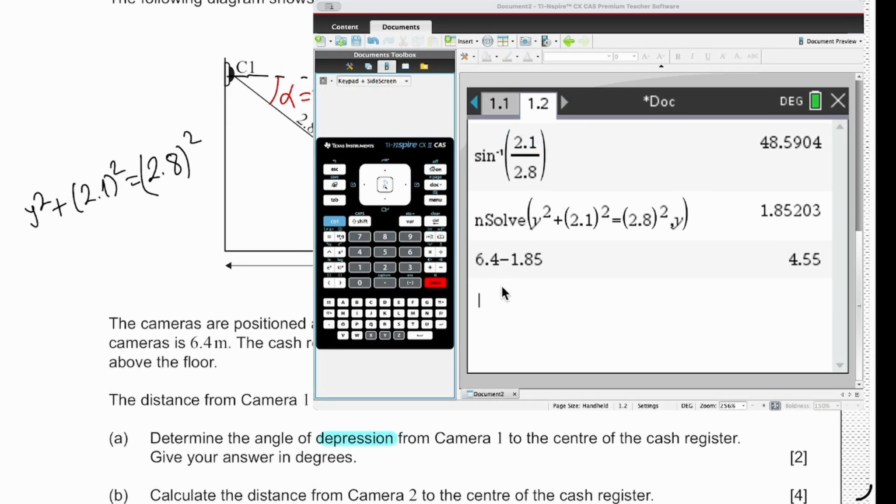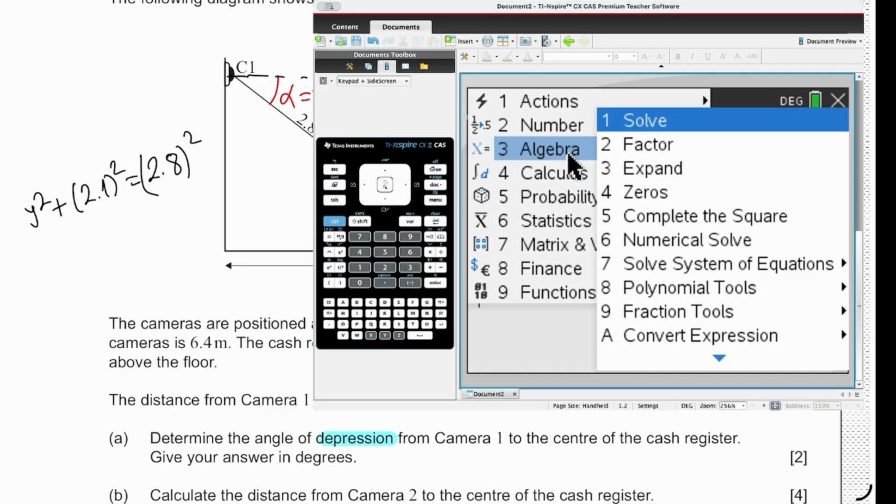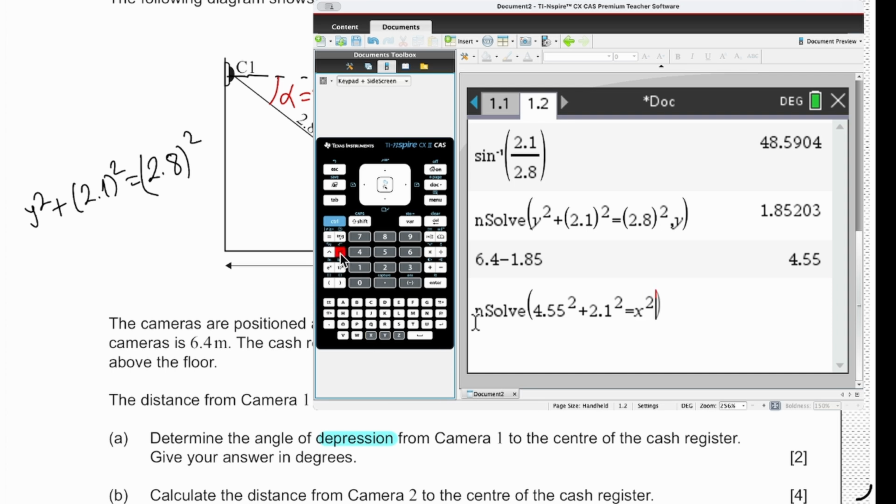Menu, algebra, numerical solve, and 4.55 squared plus 2.1 squared equals x squared, comma x.